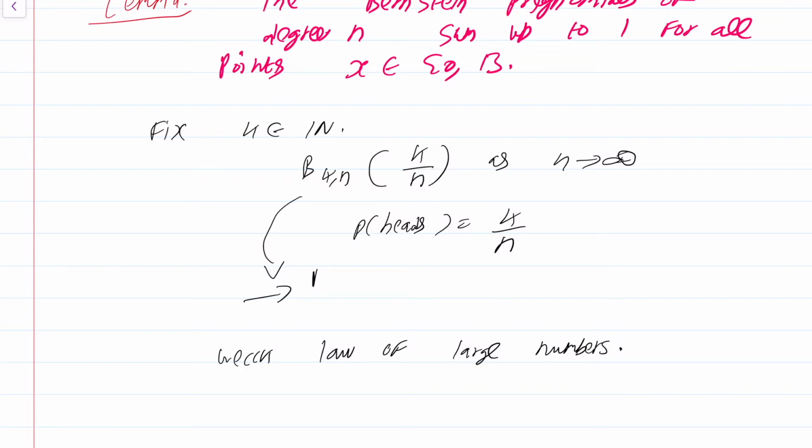So if you don't understand why b k comma n of k by n must converge to 1, it's really not that important, because in the proof anyway we will establish that in a self-contained manner using just real analysis. But what I'm about to say now will seem very confusing if you don't understand this.